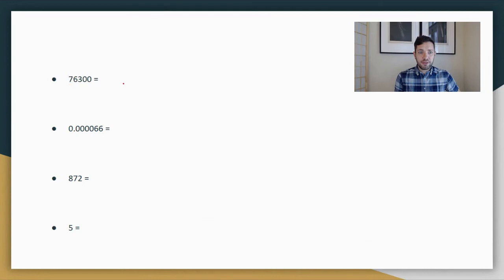So 76,300, again, that leading number between 1 and 10 becomes 7.63. We count how many times we move the decimal. So we moved it from here, 1, 2, 3, 4. So that's times 10 to the 4th. This one here, our leading number between 1 and 10 is 6.6 times 10.